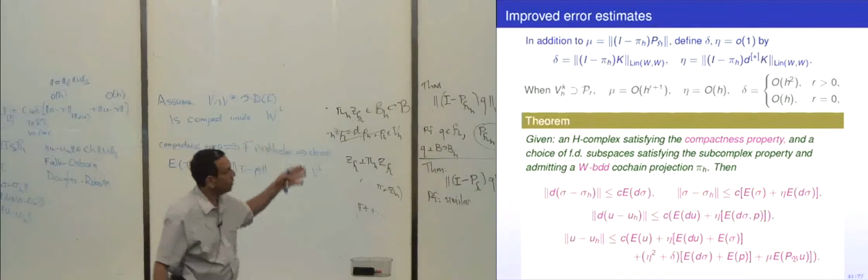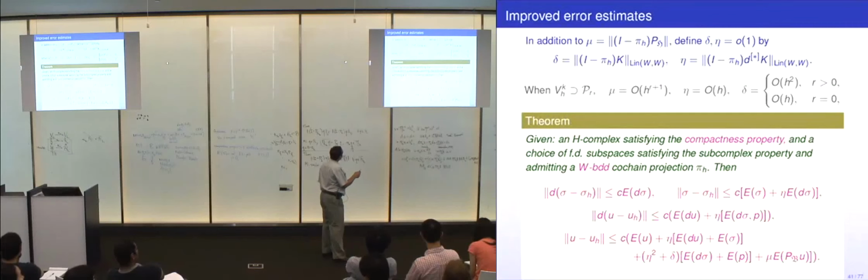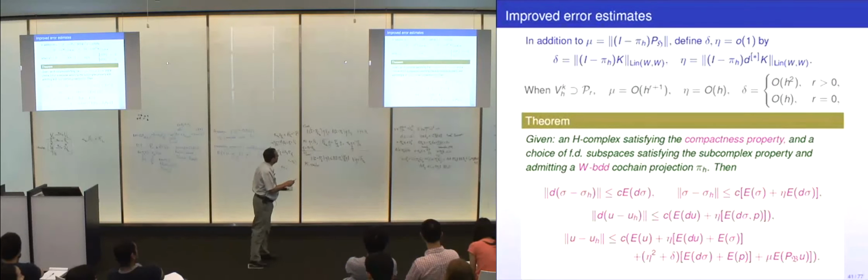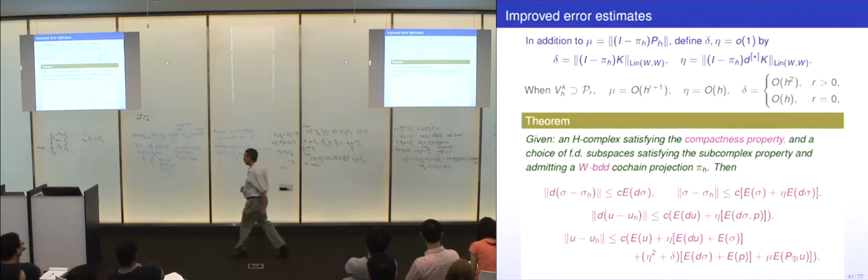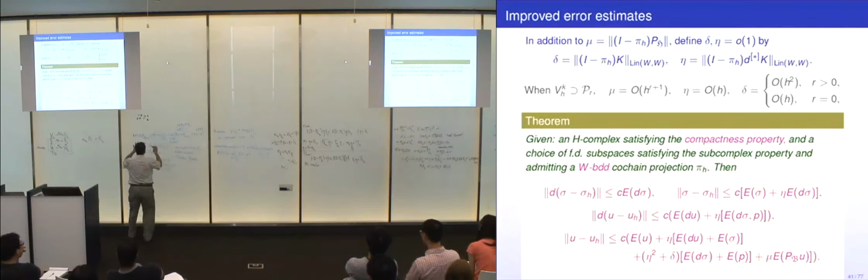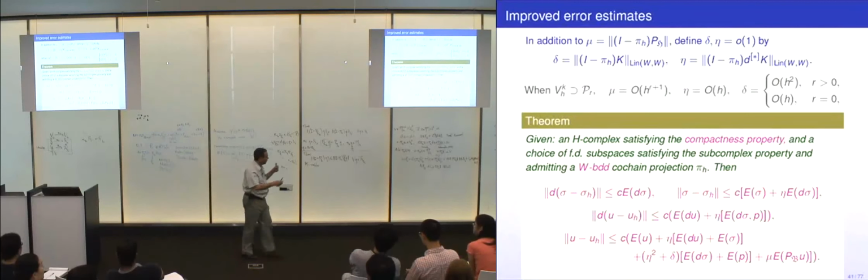Otherwise, there'd be a whole lot of infs on this slide. So the easiest one to bound is d sigma. d sigma_h approximates d sigma as well as the best approximation of d sigma. That's it. So that's the best thing you can possibly hope for, that you have the sum of these various pieces. One piece is bounded by only the corresponding piece on the other side. No interaction between the terms.